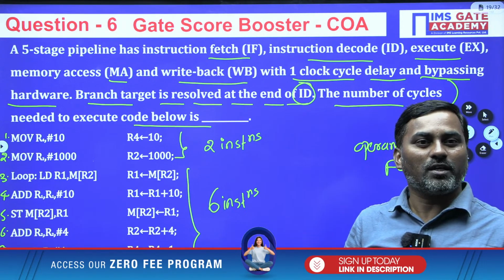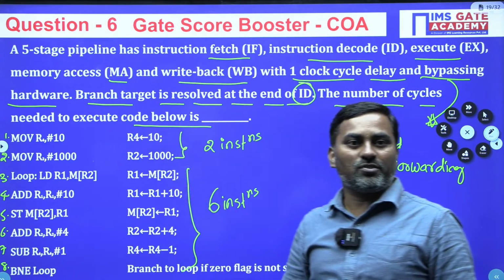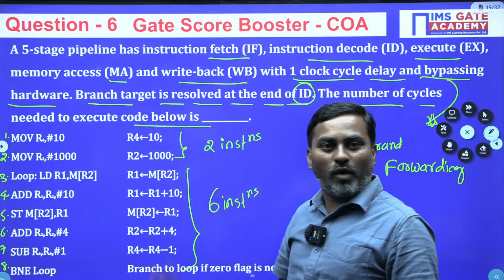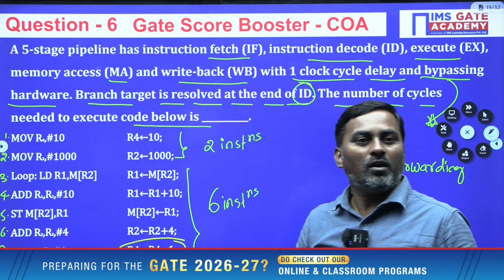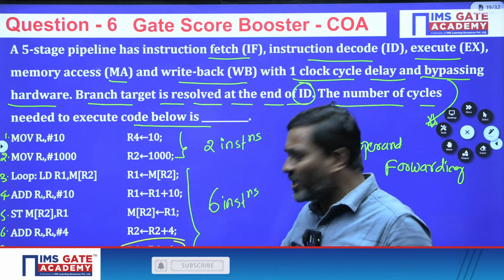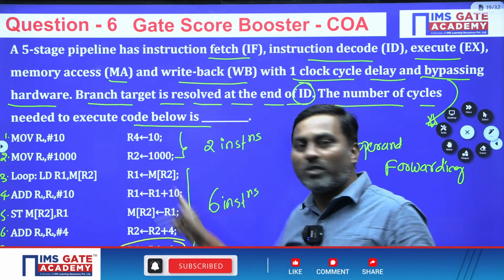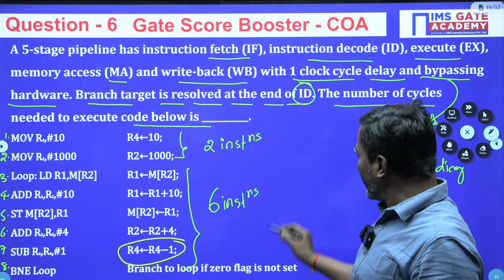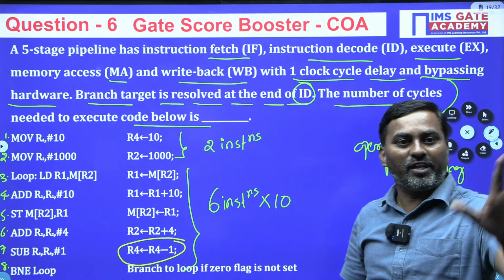So, move 10 into R4 is the given instruction. R4 value is 10, and R4 is decremented by 1 each time. After starting the loop, on the next iteration it will start decrementing, right? Can I say these six instructions will repeat 10 times? Very good.